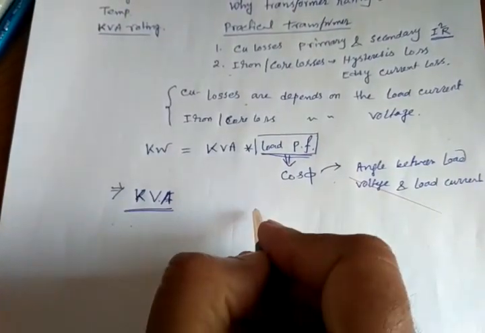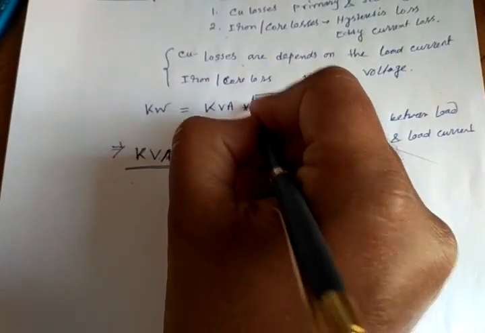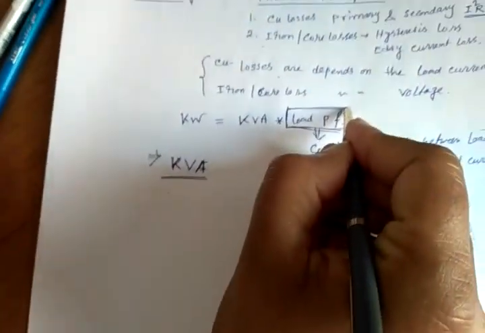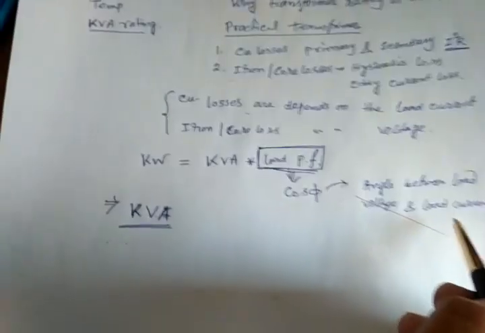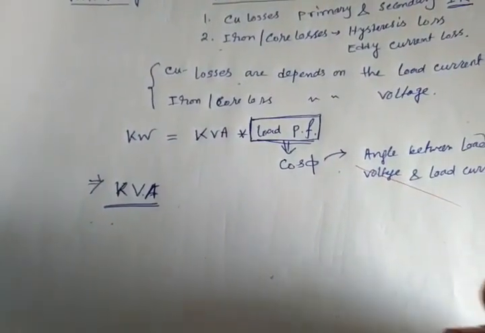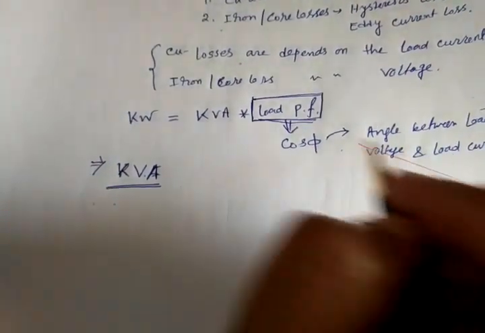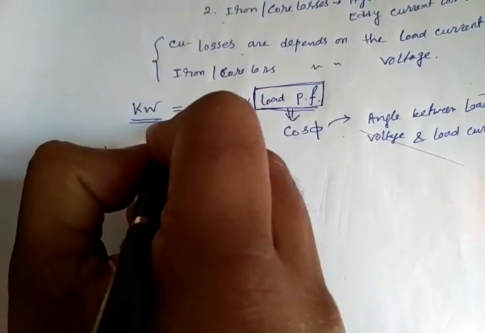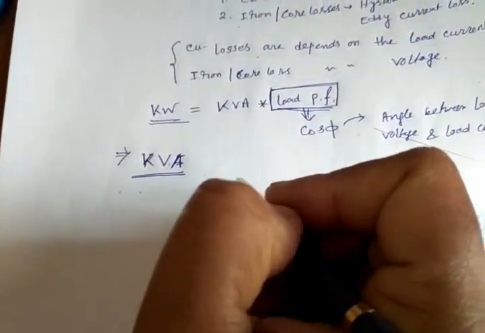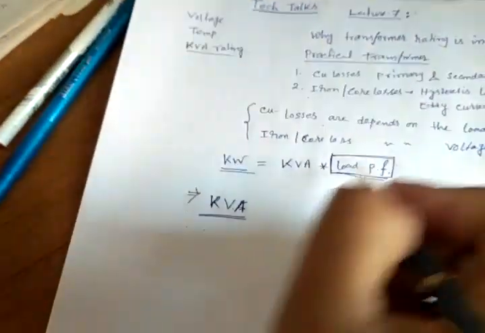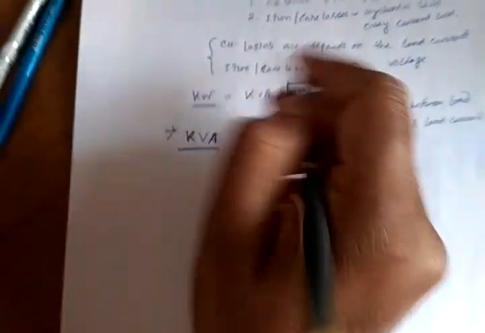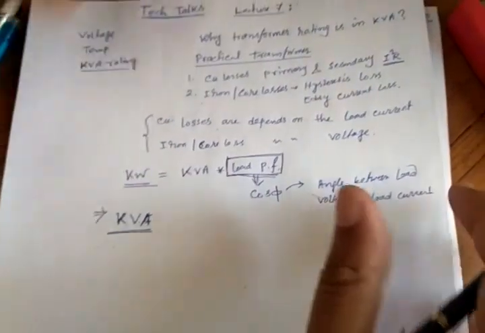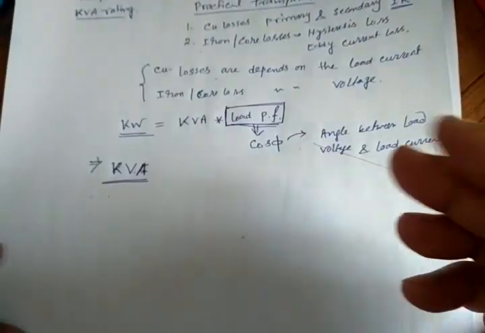But the actual wattage for the same transformer may vary, because due to different connection of different load, the load may be inductive, power factor may change, may be resistive. So depending on the load power factor, our kilowatt rating will change for the same transformer. So if we rate the transformer based on kilowatt rating, then that will be variable for a particular load. If we change the load for the same transformer, then the rating will be changing.